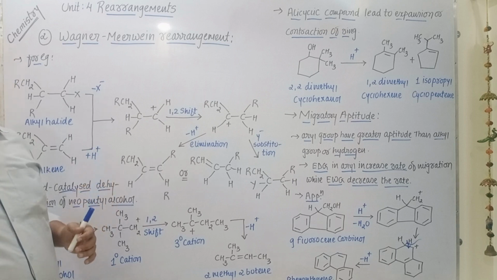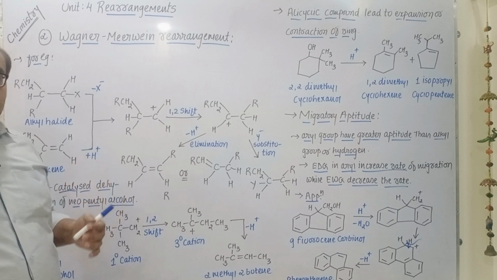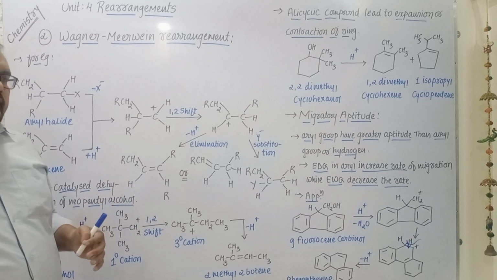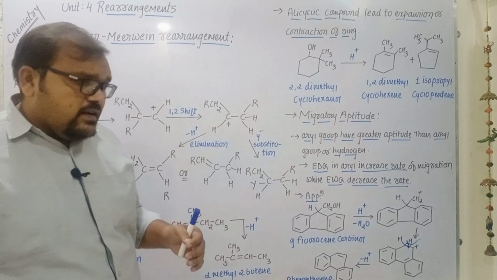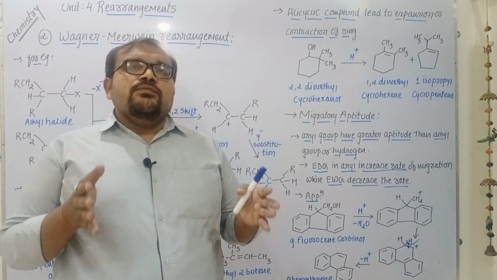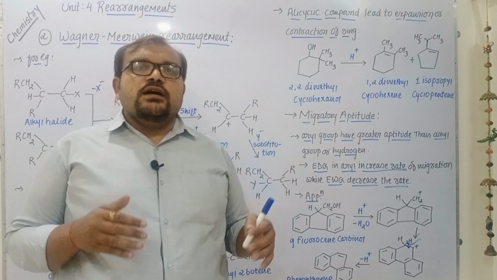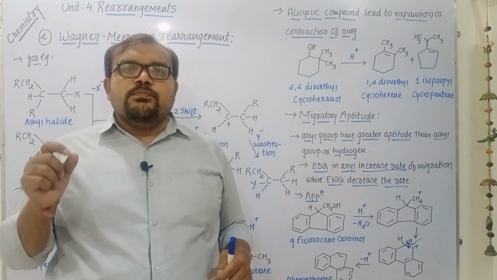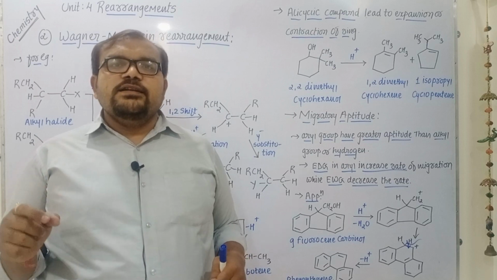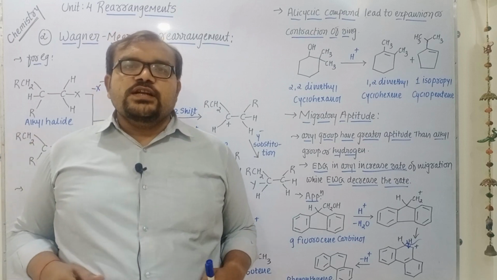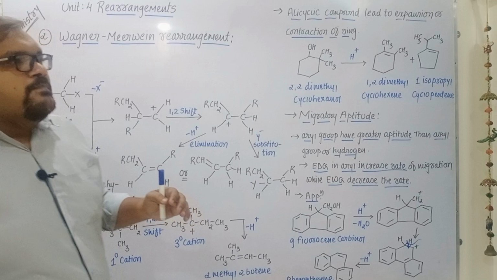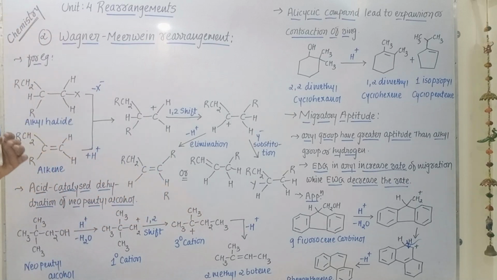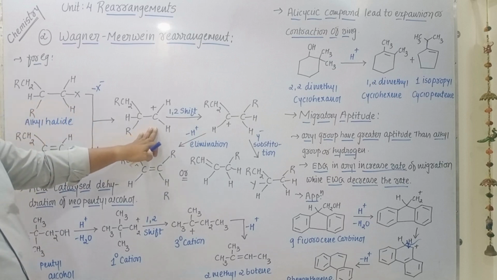As we already studied in earlier standards, when you carry out addition of an unsymmetrical reagent to an unsymmetrical alkene, the proton will be added to the least substituted carbon, right? So this is the Markovnikov rule. In this way, either from an alkyl halide or from an alkene, we can synthesize a carbocation.